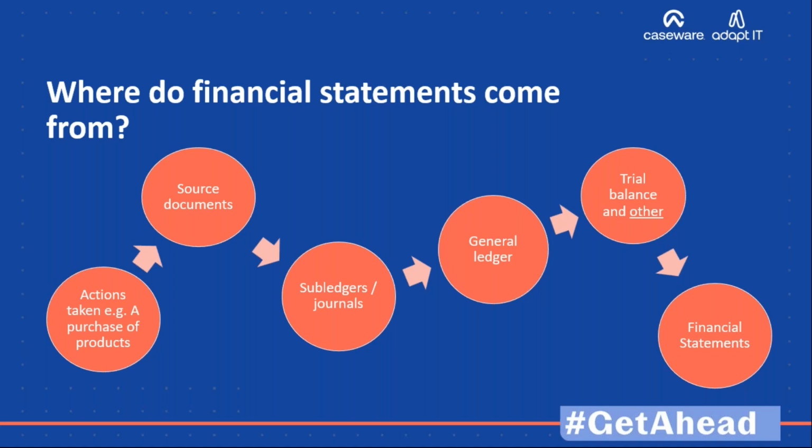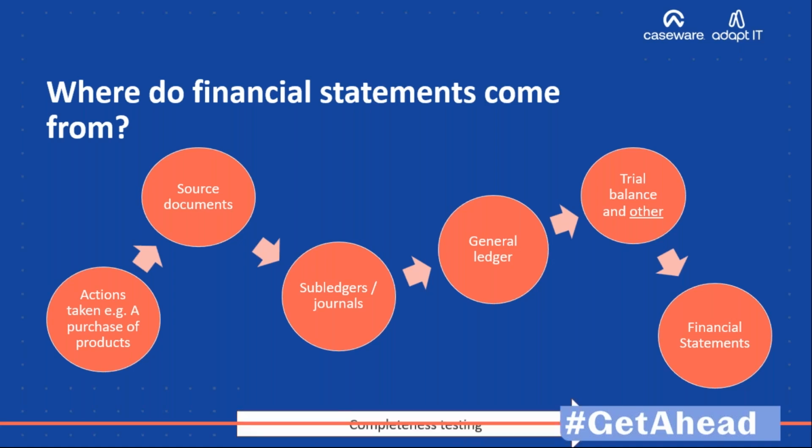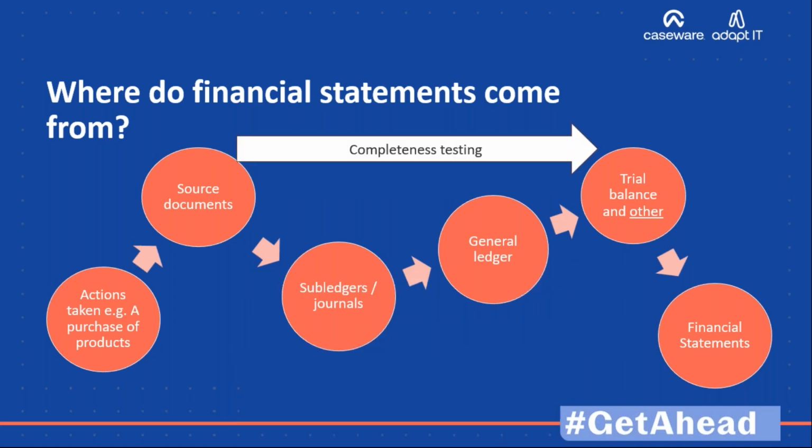Now, the direction of the testing, if we're talking about completeness testing, you want to make sure that the information is complete. You will then take from the source document, then you'll check it back to the financial statements. That's the direction of completeness testing.